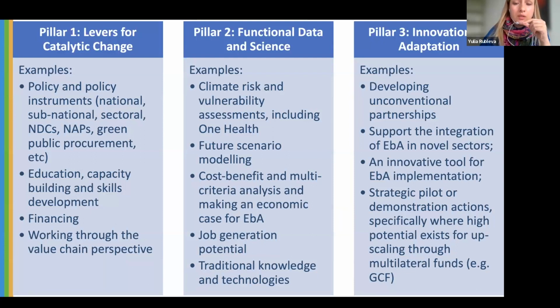Another lever for catalytic change that has been identified under this pillar is financing. And here, projects can focus on developing innovative financing mechanisms, incentivizing public and private partnerships, and so on.